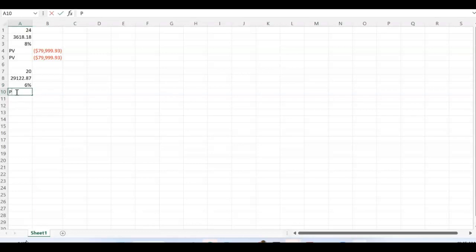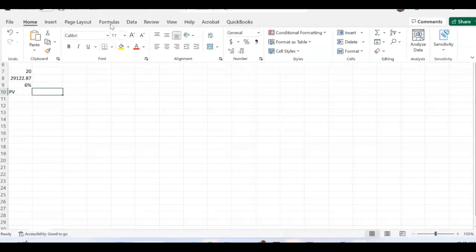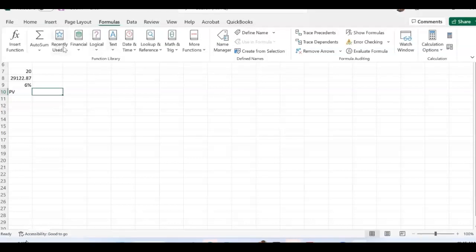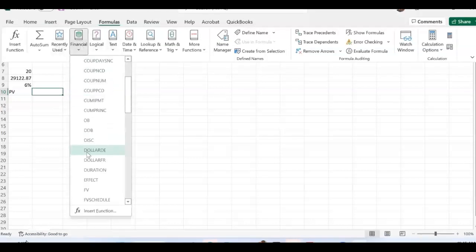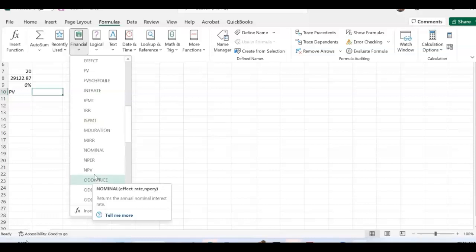Present value of all these payments today is, and then you go to formulas, financials, go to present value.